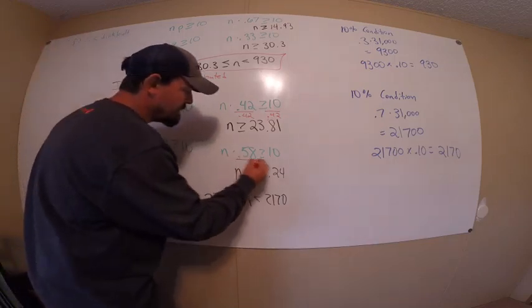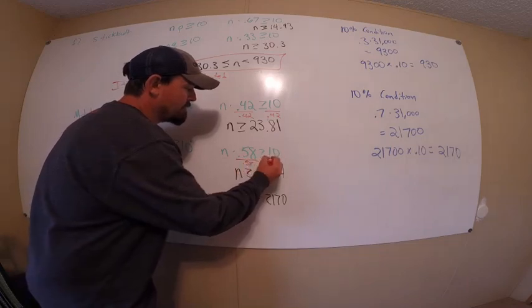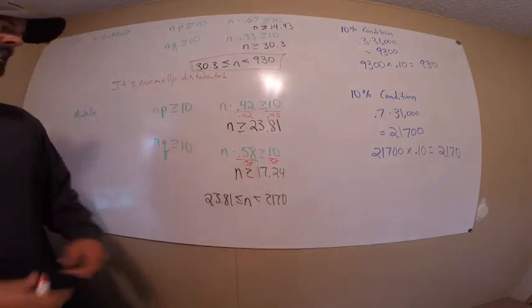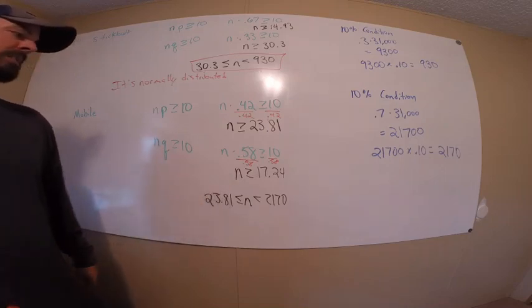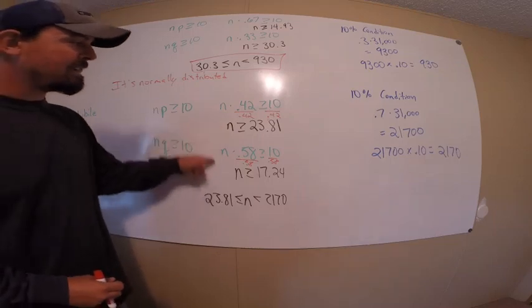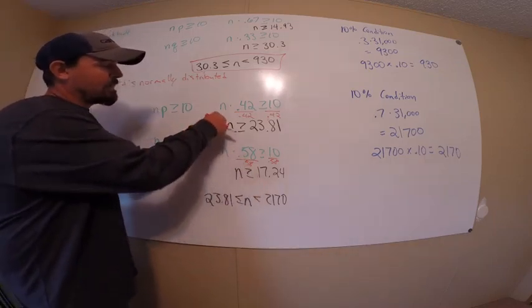Same thing here. My q is 0.58, so n times q is greater than or equal to 10. I'm going to divide by 0.58, and I get that n has to be greater than or equal to 17.24. Like I said, both of these conditions have to hold. This condition is not going to hold at 17.24, so I have to go with the bigger one.